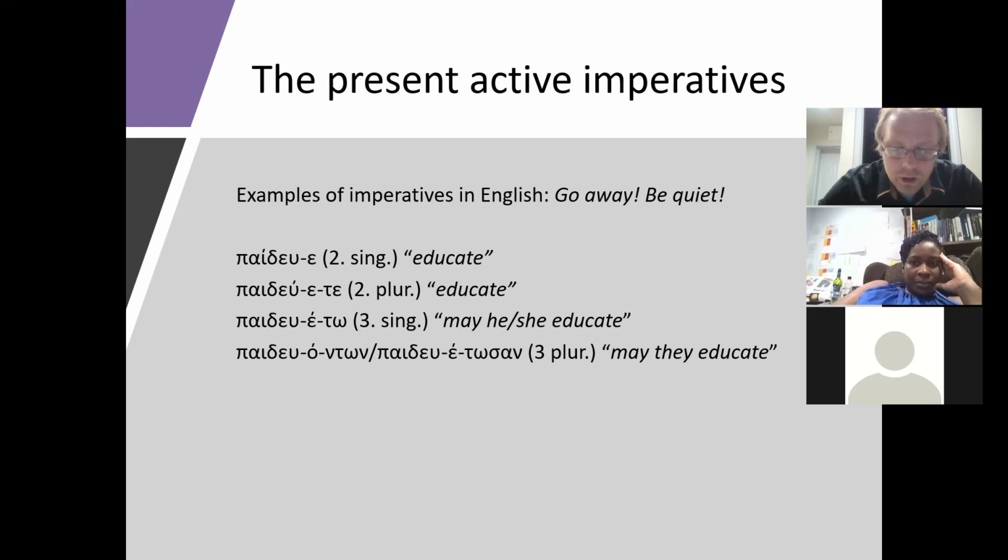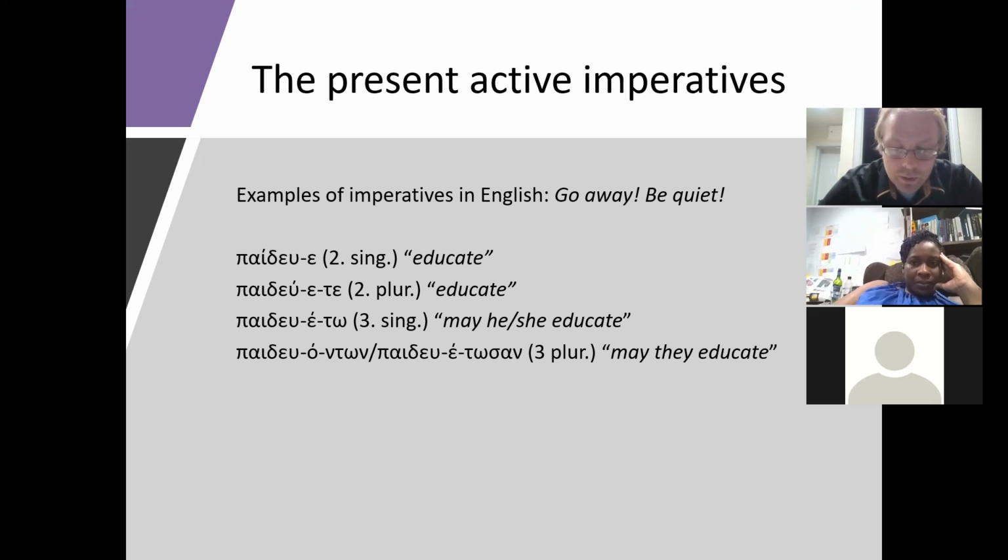The third person singular and plural imperative forms are less common than the ones in the second person. However, they are used as well. In the present active imperative, these are paideu eto in the third person singular and paideu onton or paideu etosan in the third person plural.